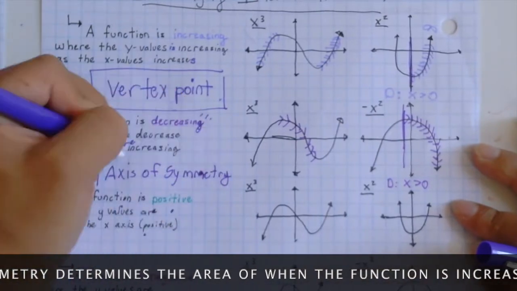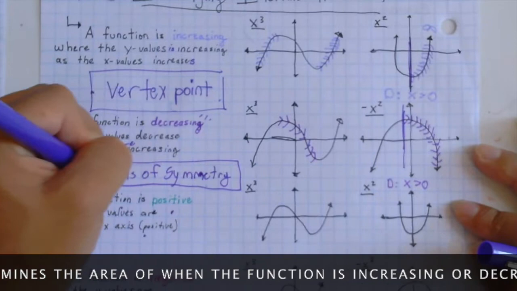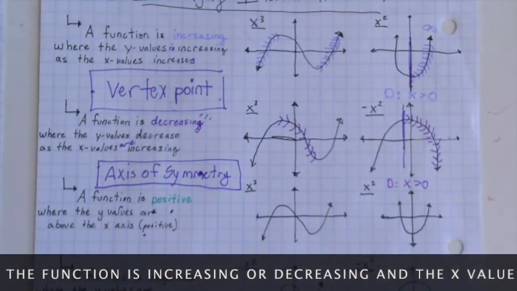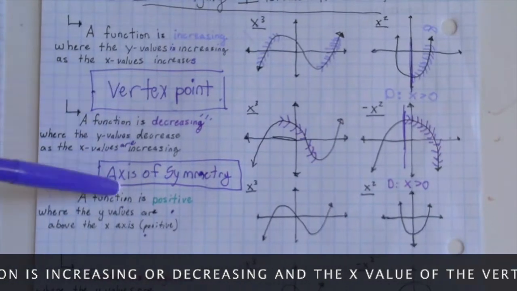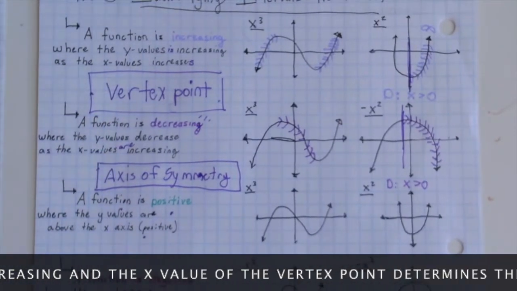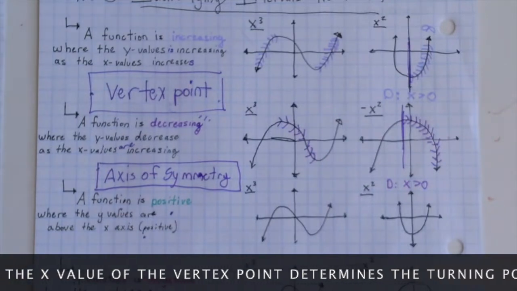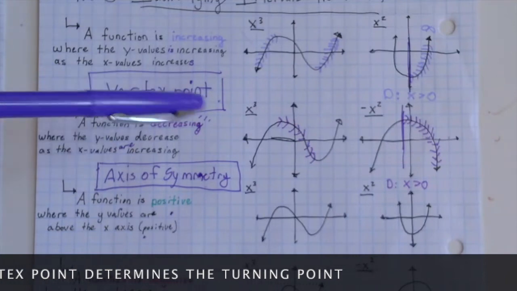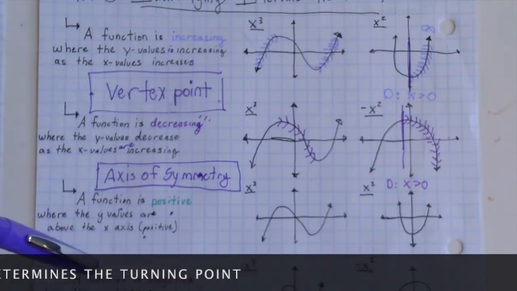If you ever want to justify your responses of how you know whether the function is increasing or decreasing, please refer to the vertex point or the axis of symmetry, as those are the key indicators. That is when you know whether the function is increasing in the y values or decreasing in the y values.